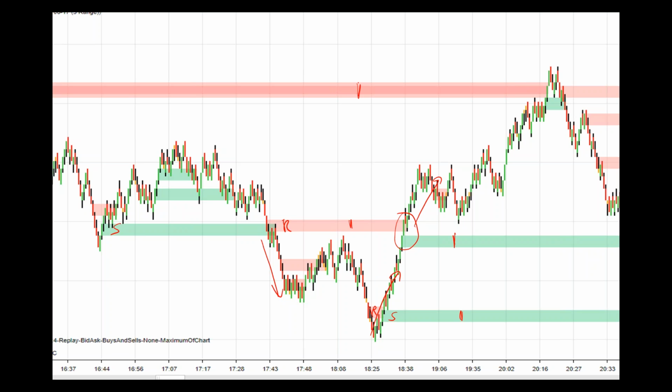Is there any significance to the width of the support and resistance bands? I would say, personally, no, I don't see differences. Whatever the thickness is, I consider it as a support or resistance.